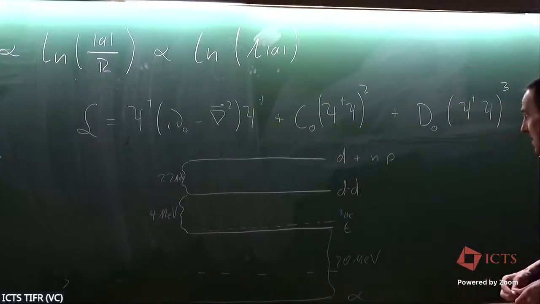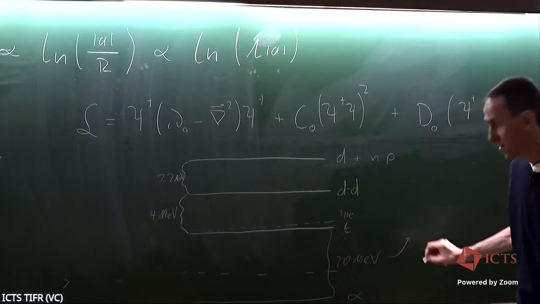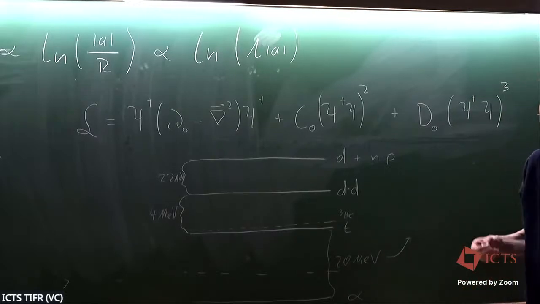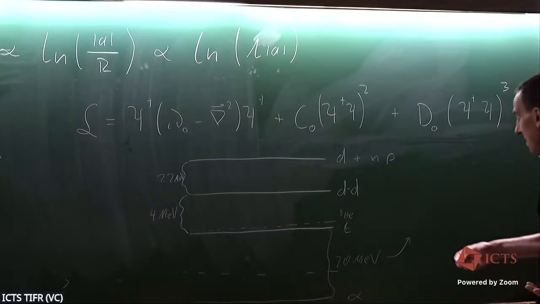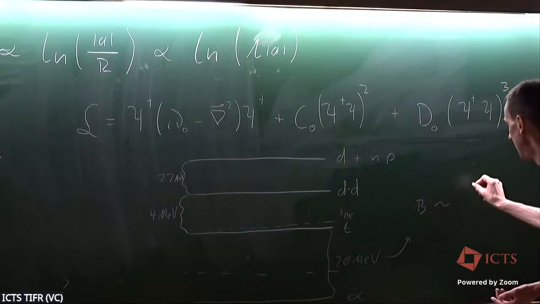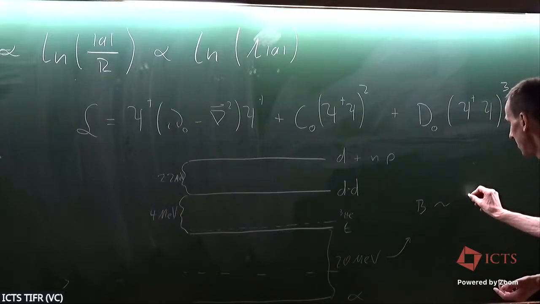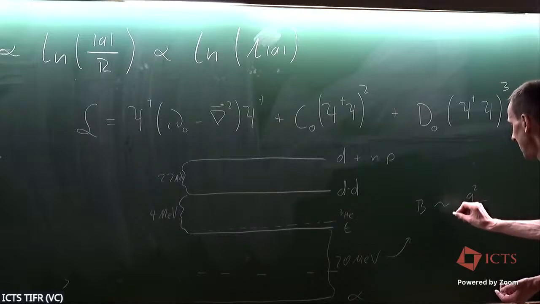In a bound state, I have to associate with the bound state a certain typical momentum, or I don't have to, but that's what's usually done, that I say the bound state energy is roughly something proportional to q squared over some mass.